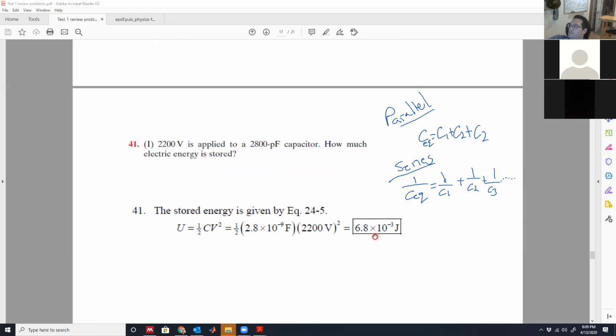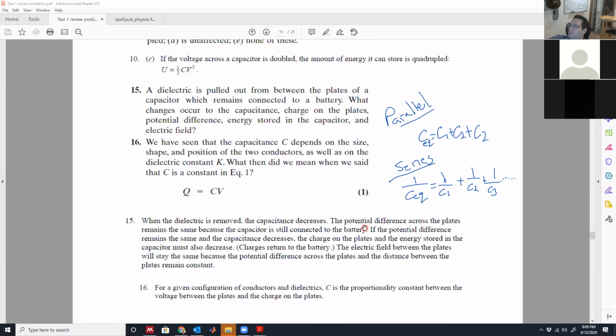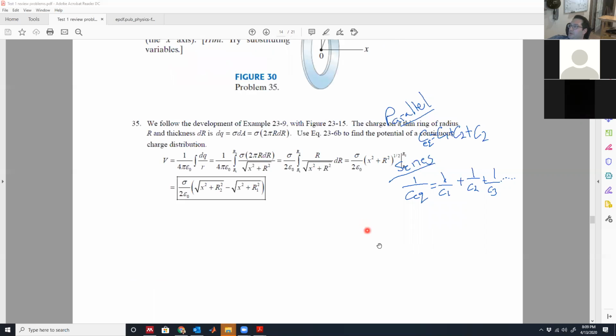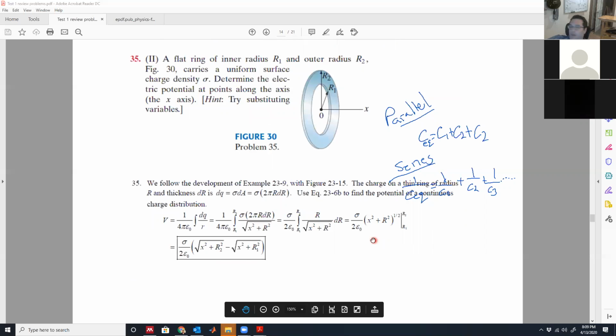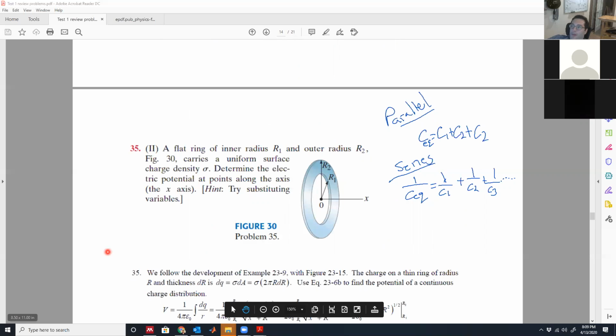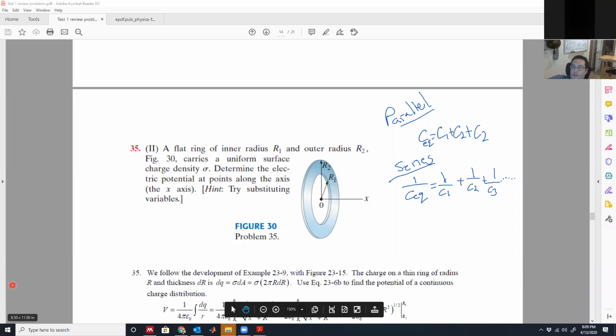So this section is pretty straightforward. So let's work backwards. You want me to do one more problem because of all the time that we missed?